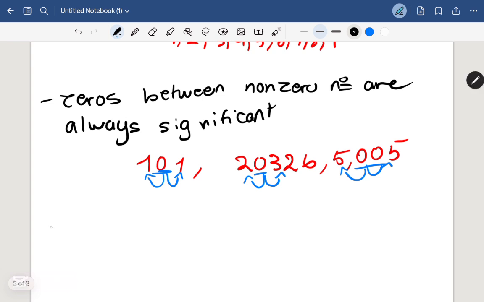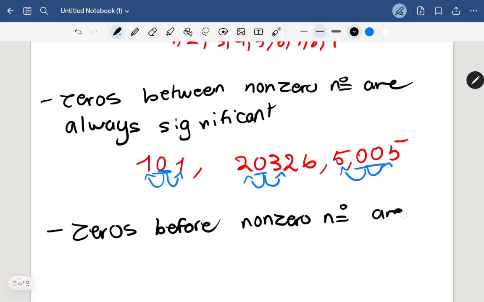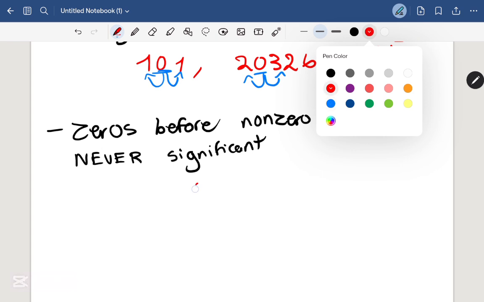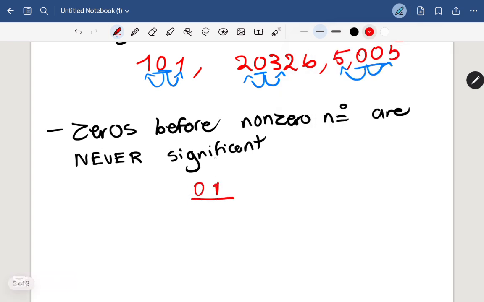Now, another very important thing is that zeros before non-zero numbers are never, pay attention, never significant. Let's take some examples. You can take, for example, 0101. The first 0 is not significant. Or, for example, 0.000000002.